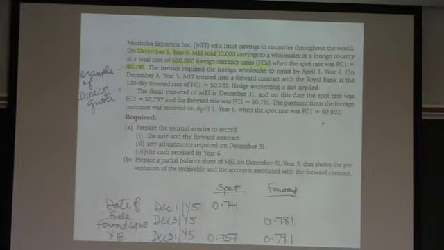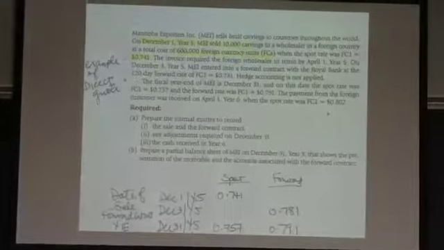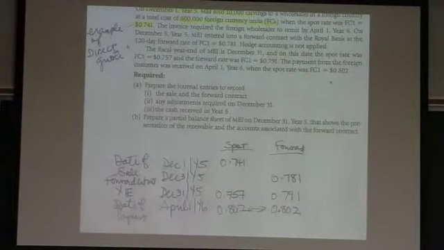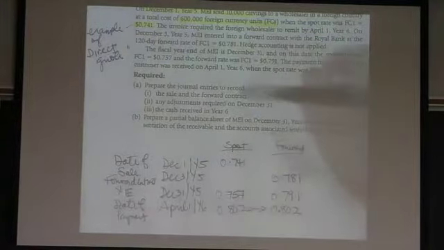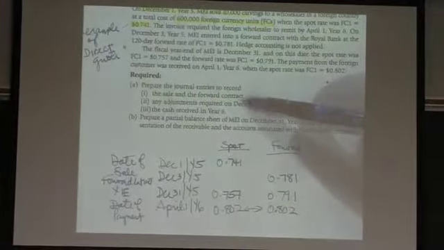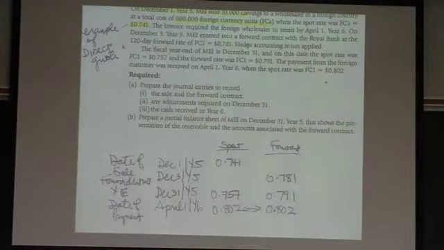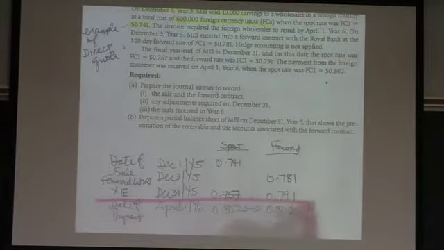Okay? So the first question asked us to prepare the journal entries to record the transaction, the sale, to also record a forward contract, and then we have a year end, so we need to make adjustments. So let me just put that year end here.